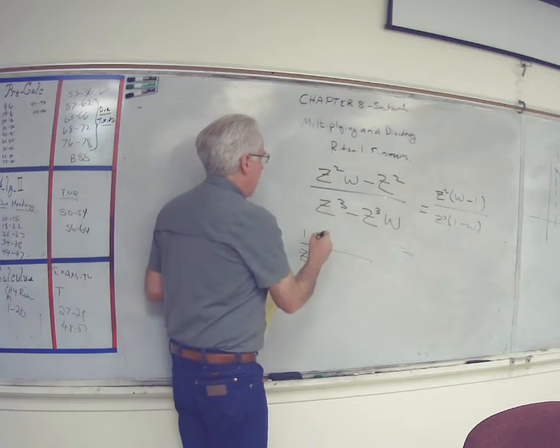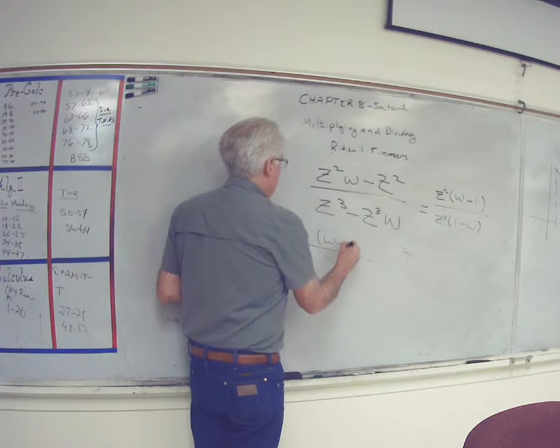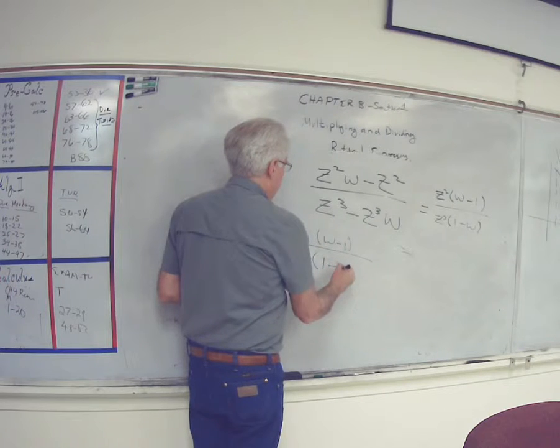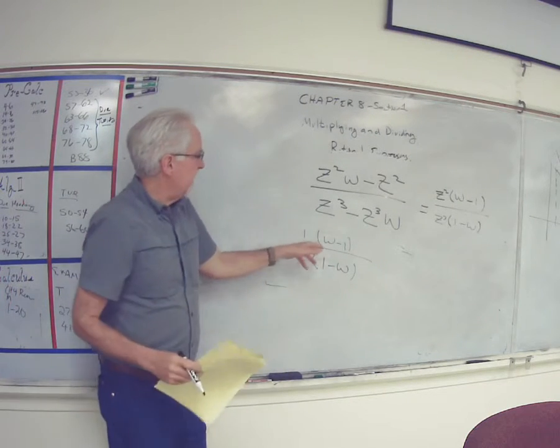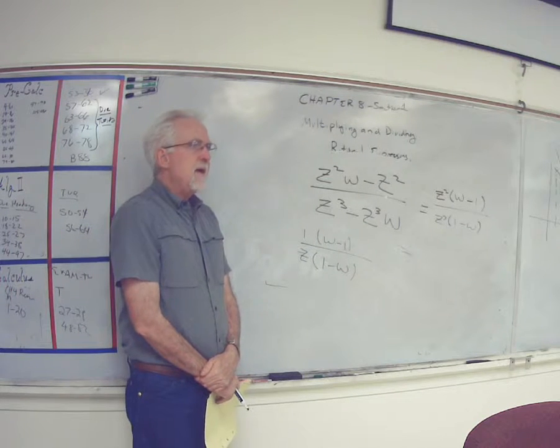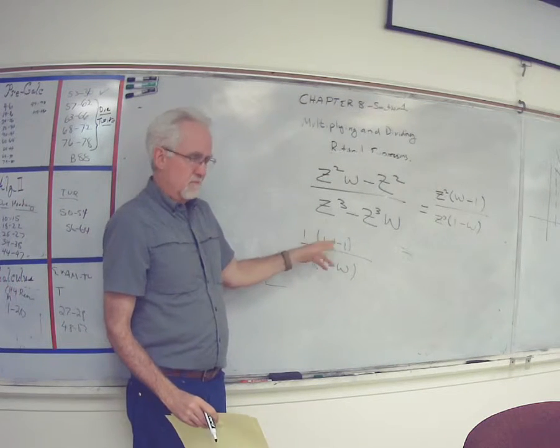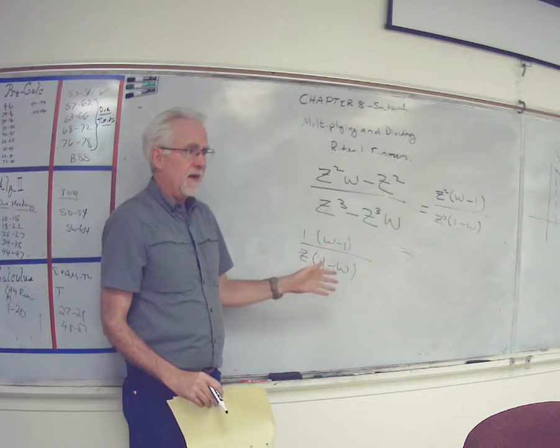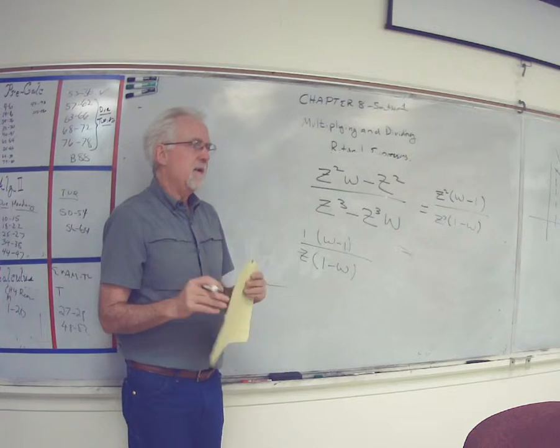Okay? And now I have w minus 1 over 1 minus w. All right, let's think about this. Is w minus 1 the same as 1 minus w? No. But I really wish I could make those simplify, right? Somebody tell me what I could do.